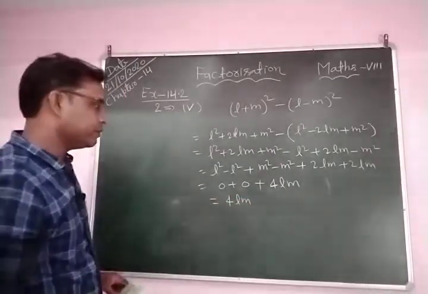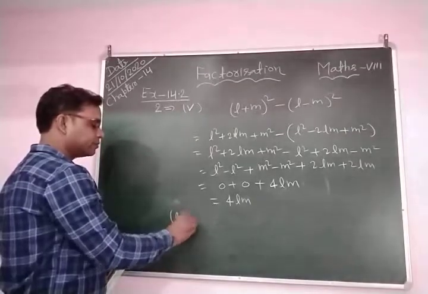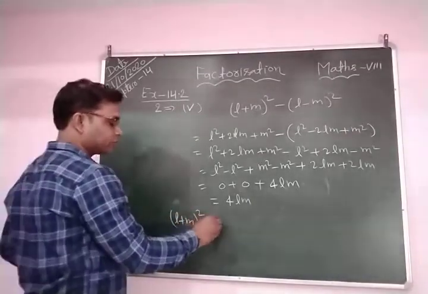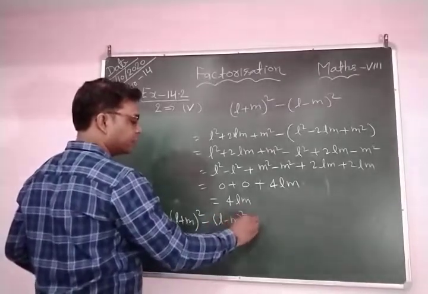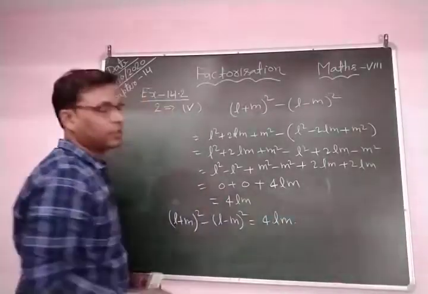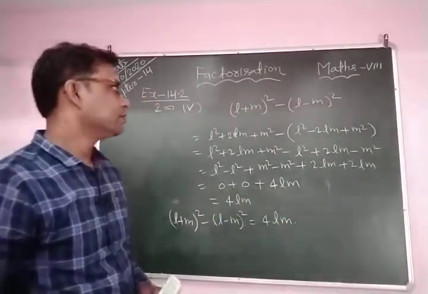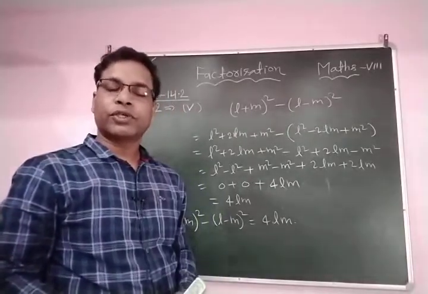So you can write at last, (l plus m) whole square minus (l minus m) whole square is equal to 4lm. Also you can solve this question by using the third identity, a square minus b square.